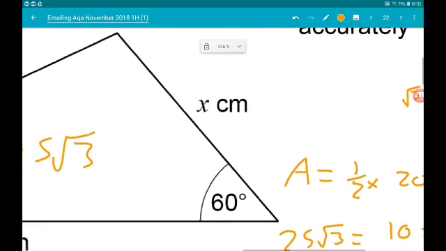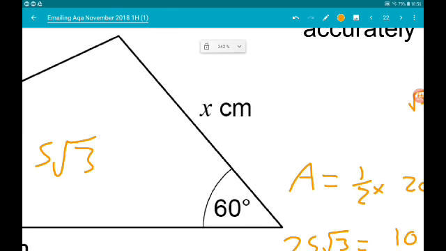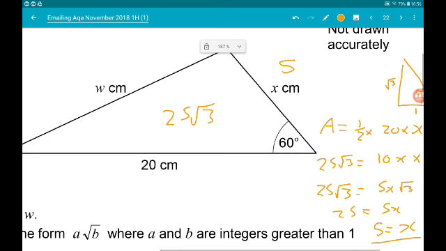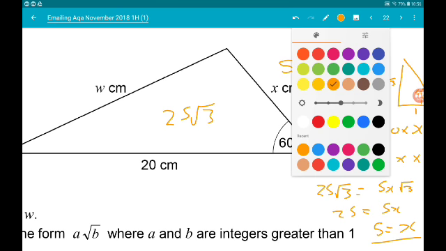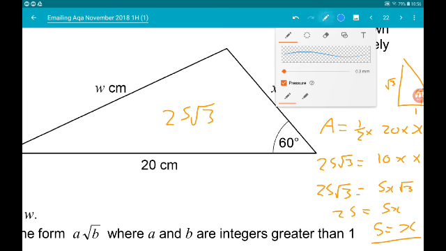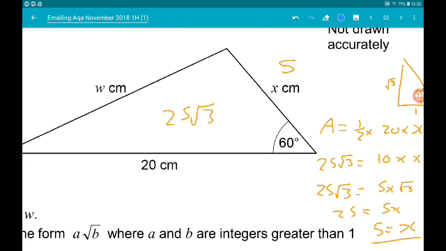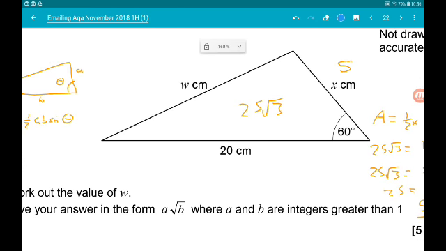So, now that we know that, we are now in a non-right angled triangle where we know two sides and an angle. So it's now a job for the cosine rule. So let's clear things up quickly.